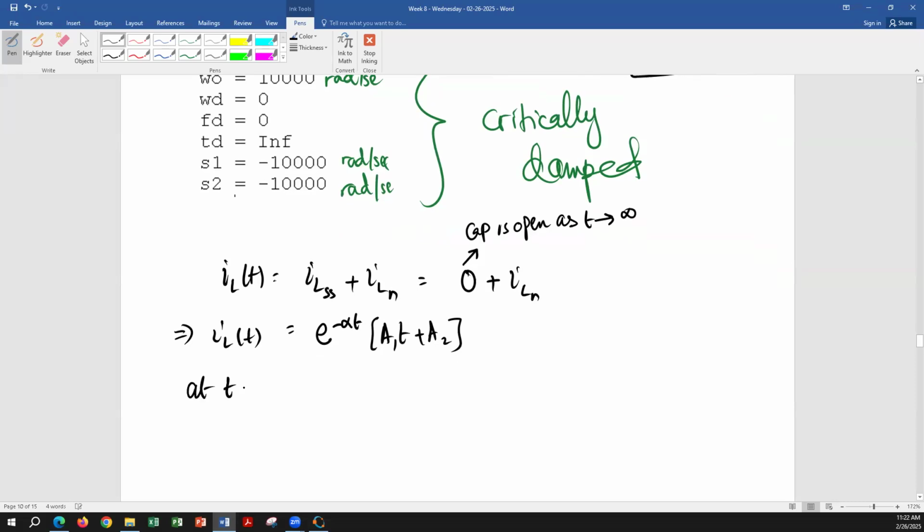At t equal to 0 positive, IL(0+), e to the power 0 is 1, t is 0, so IL(0+) is equal to a2. And IL(0+), what did we calculate? We calculated 2.27 milliampere. So a2 is 2.27 times 10 to the negative 3.